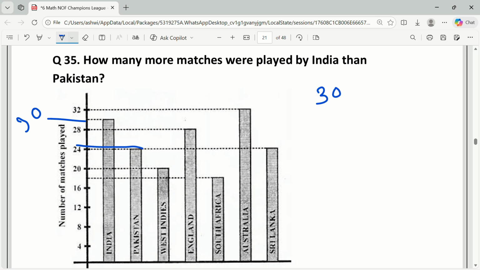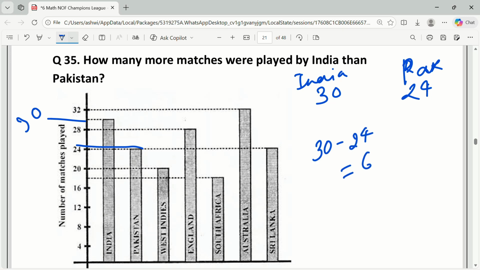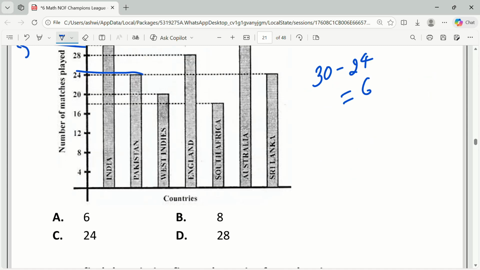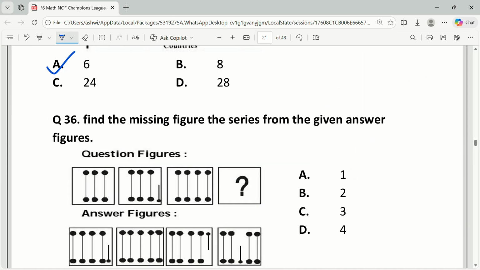The matches played by Pakistan are 24. The difference is calculated by subtracting the number of matches played by Pakistan from the number of matches played by India. That is 30 minus 24, which is equal to 6. Comparing with the options, the answer is A, 6.